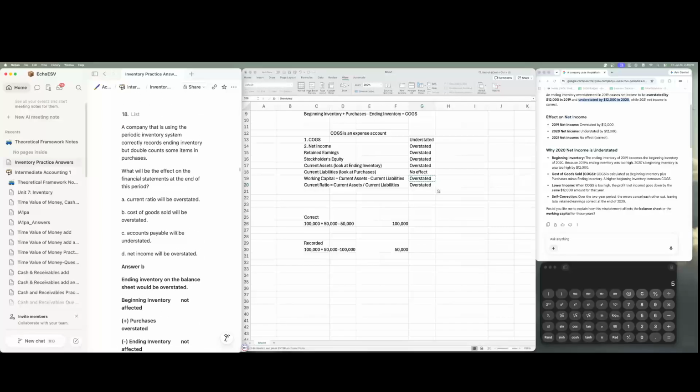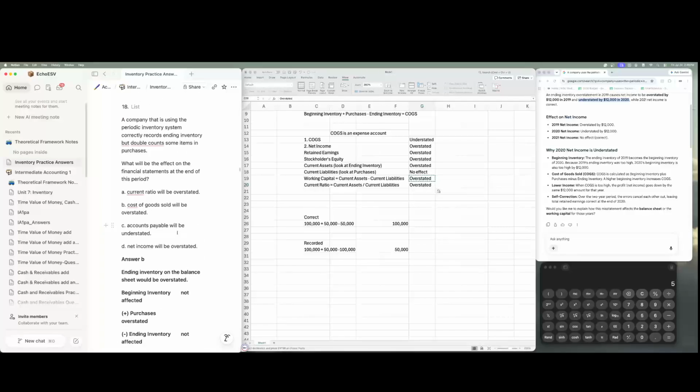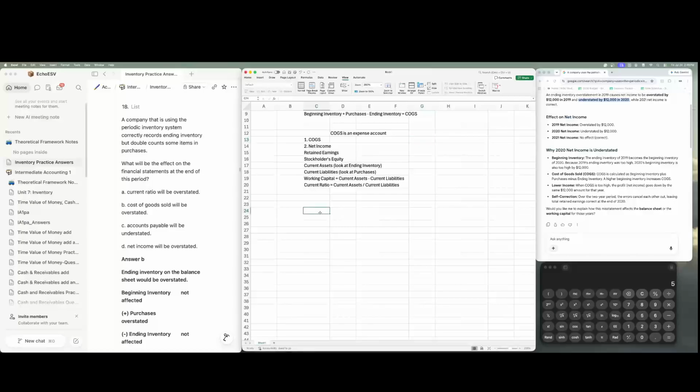Next question. A company that is using the periodic inventory system correctly reports ending inventory but double counts some purchase items. Okay, so the correct amount should be 100,000, and let's say purchases were 50,000. Ending inventory was recorded correctly.